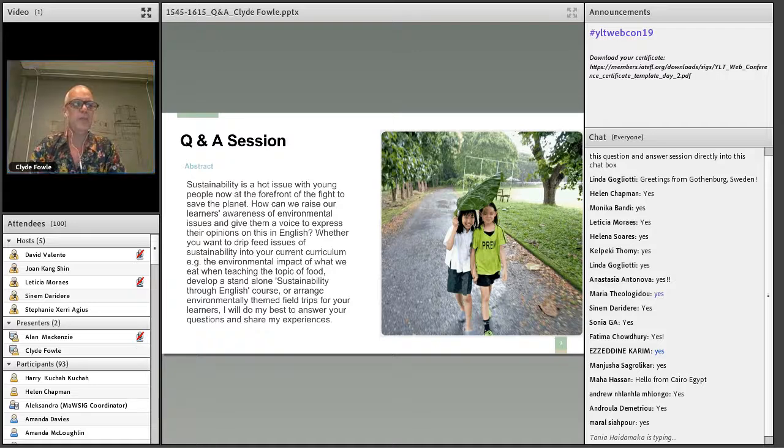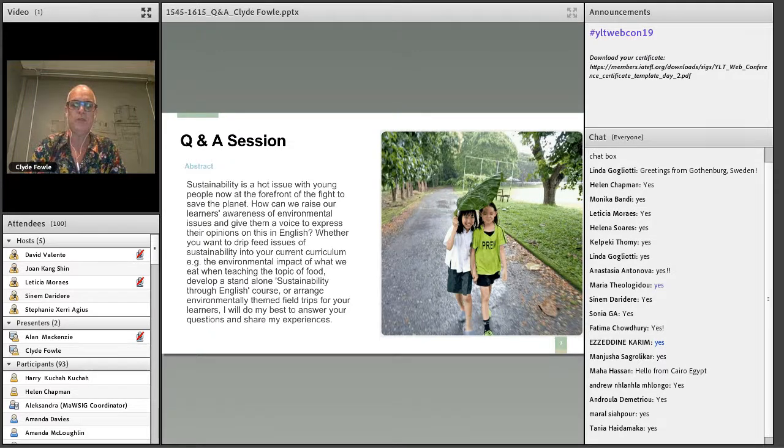I thought it would be useful to start with a little story about a boy at my school who came to our program. He's about 10 years old, and he was a pretty shy and timid Thai boy, but his English was developing well, and he was doing English classes and other classes, including our sustainability classes.